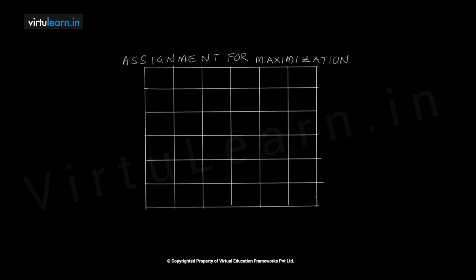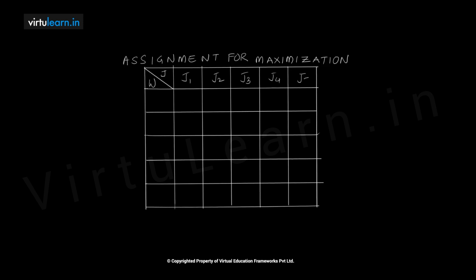Step 1 was the row operation, that means subtracting the minimum element of each row from that respective row.